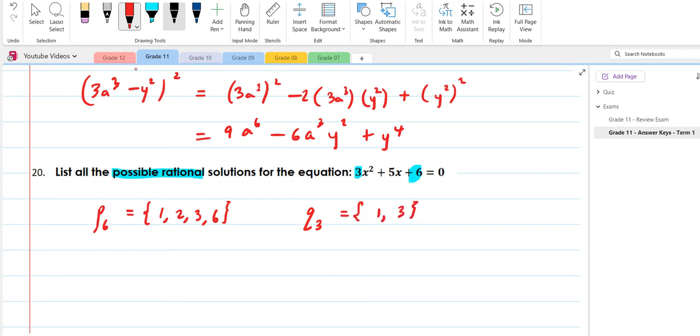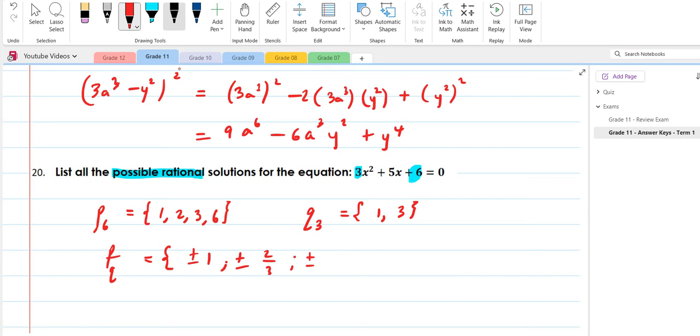So all the possible solutions are in the form p over q. Listing them, we have plus minus 1, because 1 over 1. You are taking p over q, all the possibilities. Then the next one is plus minus 3 over 1.